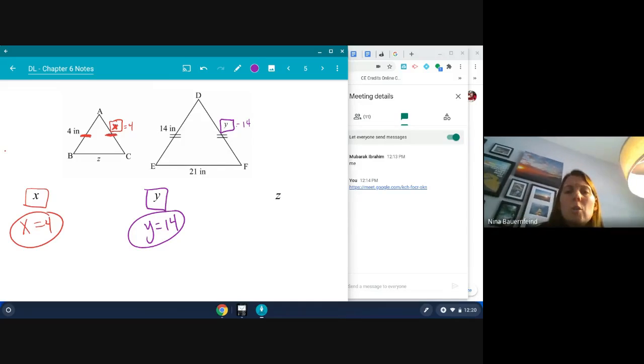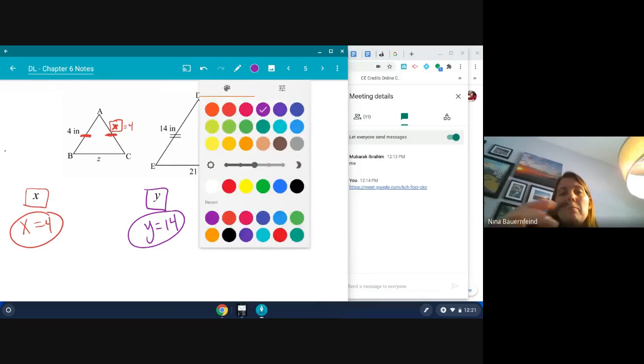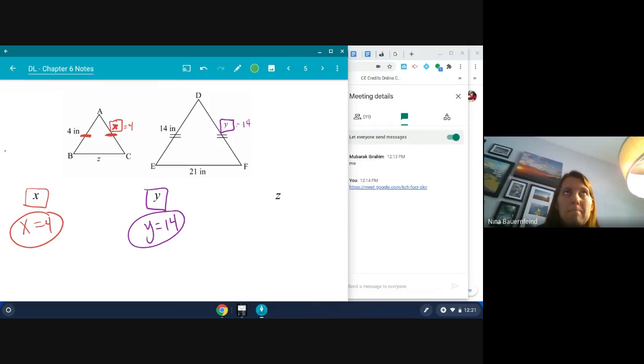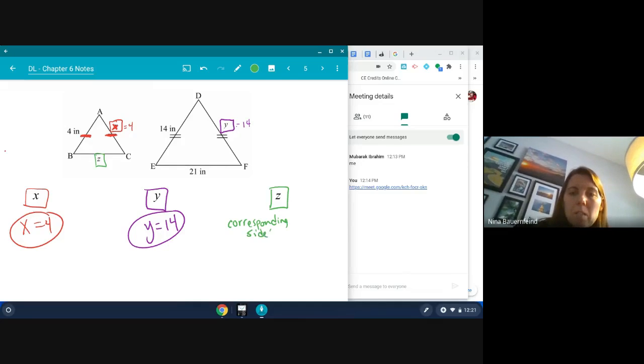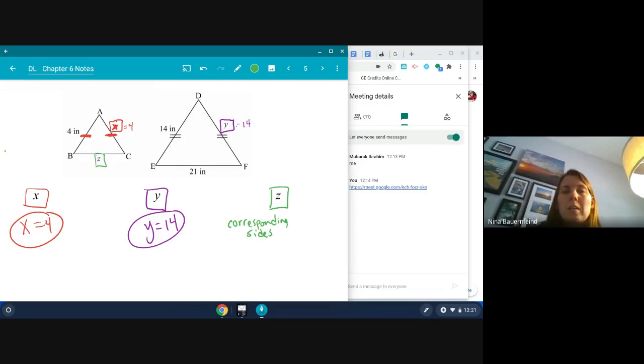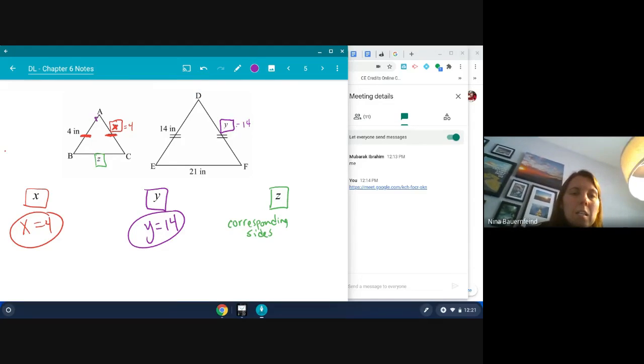All right, so here is the piece that we have to do some work on, and that is Z. If we look at Z, it's right here. We have to find what's called corresponding sides. So here are examples of corresponding sides. This is the right slant, and this is the right slant.